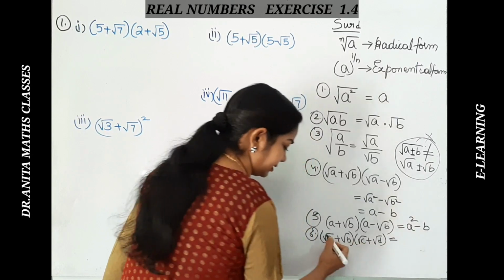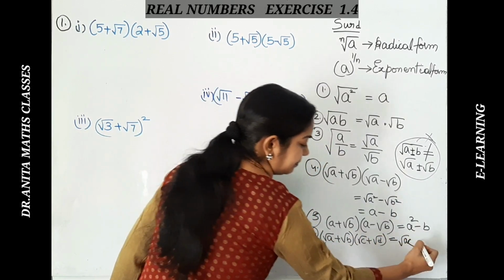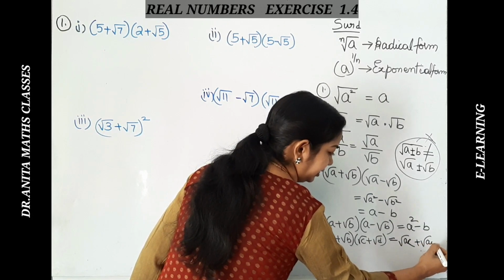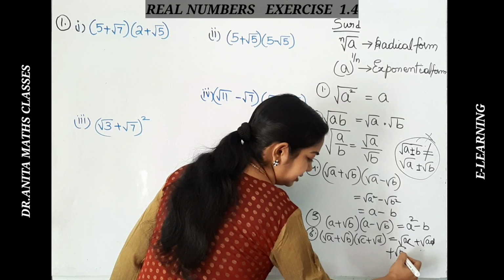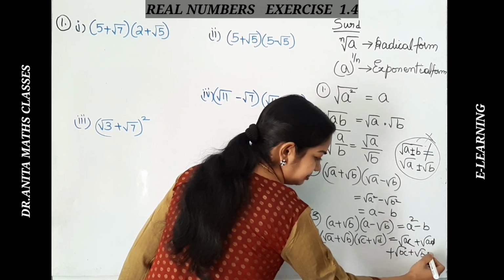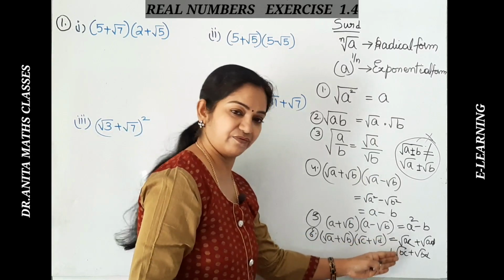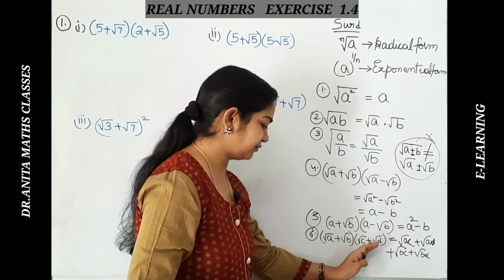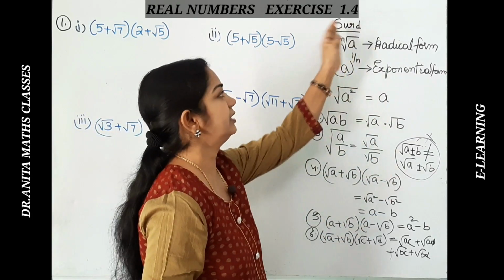So this becomes root AC plus root AD, plus with the second term, root BC plus root BD. Simply we are just multiplying. Here no terms are equal, all are different. Likewise, if it is negative also you can do. So these are a few operations of the surds.